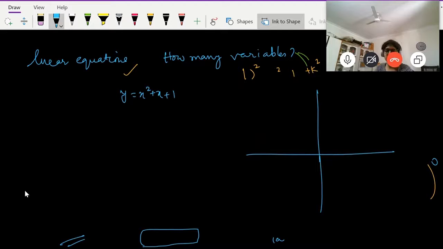We found out that the curve was something like this. Between minus 1 and 0, we know that the curve is coming down, but we don't know whether it will touch the x-axis or not. That is the problem. So now tell me whether it will touch the x-axis or not.